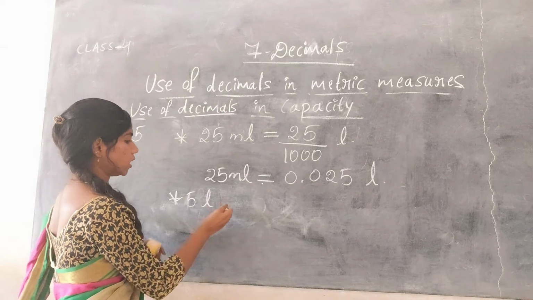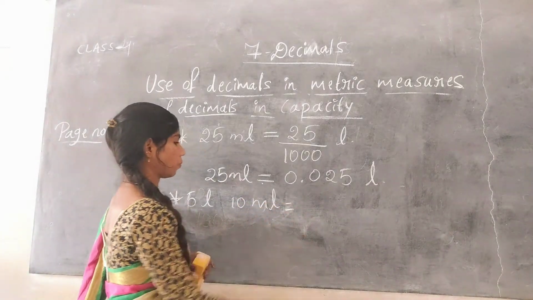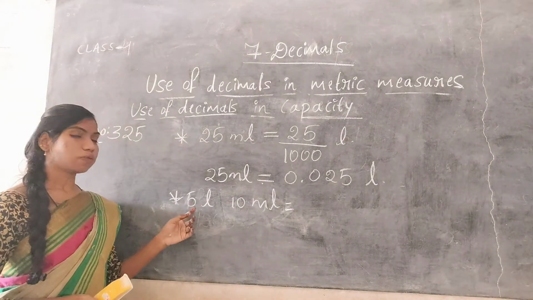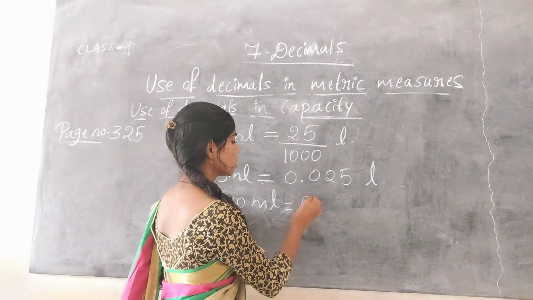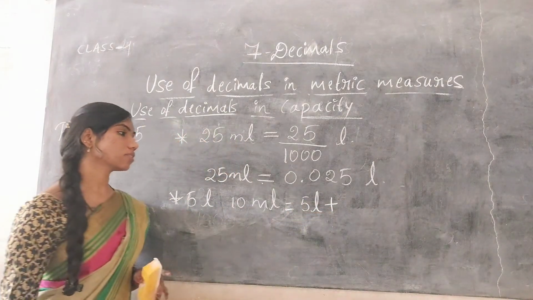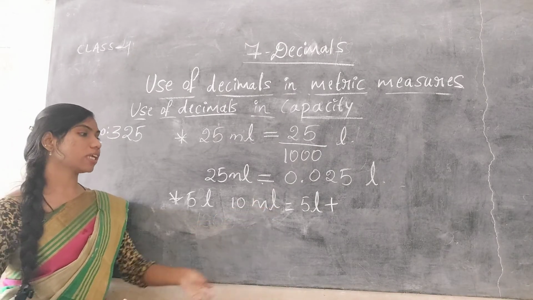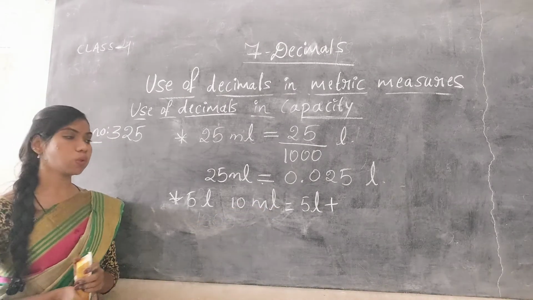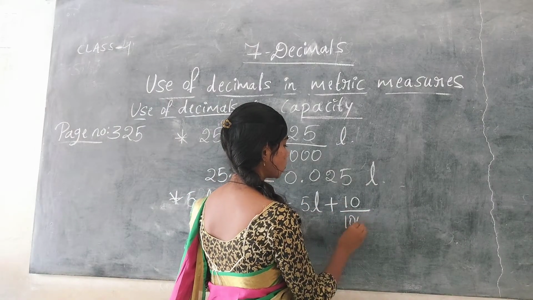5 liters 10 milliliters. 5 liters is already in liters, so no need to convert; write 5 liters as it is. Then put the addition sign. Next, 10 milliliters. Convert 10 milliliters into liters. Divide 10 by 1000.